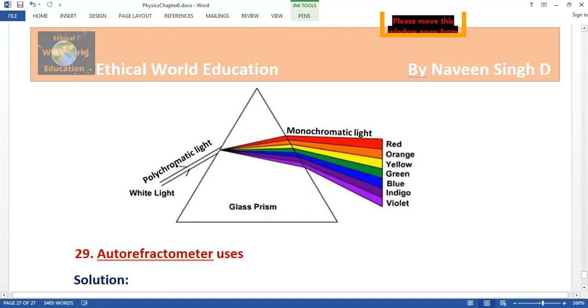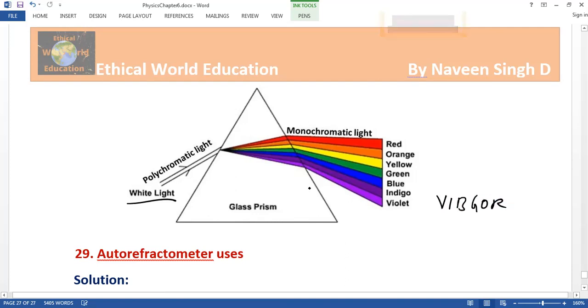When polychromatic light, which you can simply consider as white light, is passed through a prism, it is split into its constituent colors, that is VIBGYOR: violet, indigo, blue, green, yellow, orange, red. White light will be split into seven bands of colors.